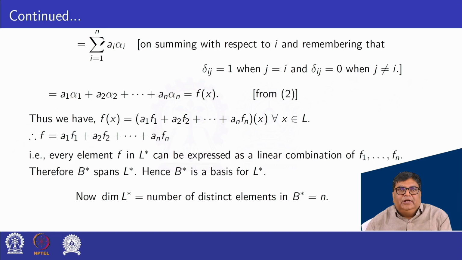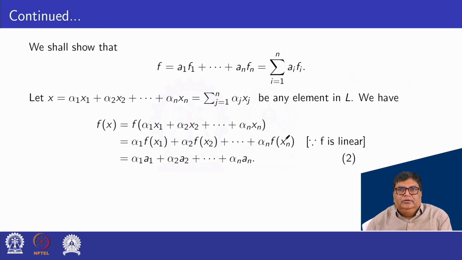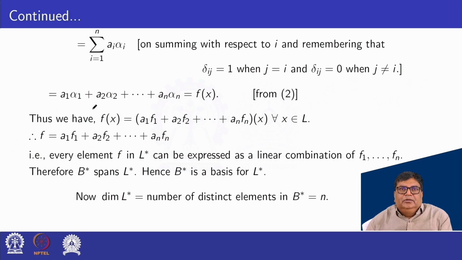So summation i equal to 1 to n ai alpha i, whose value is a1 alpha 1 plus a2 alpha 2 plus and so on an alpha n, that is f(x) from equation 2. Thus, we have f(x) is equal to (a1 f1 plus a2 f2 plus and so on an fn)(x) for all x belonging to L. Therefore, f is equal to a1 f1 plus a2 f2 plus and so on an fn.